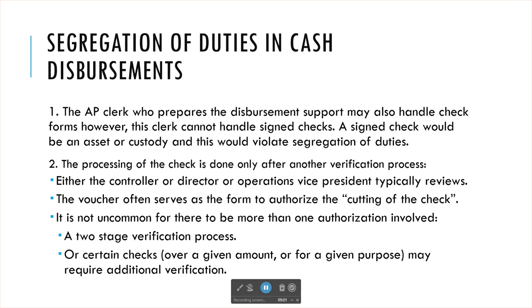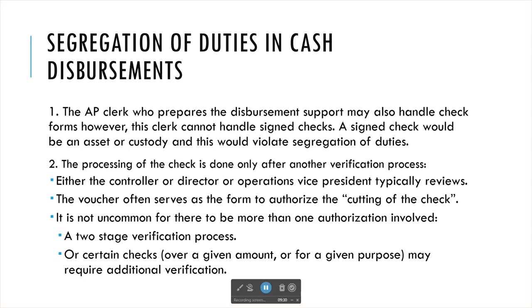The accounts payable clerk can handle the forms, but once the forms are signed, they actually become an asset. And if they are an asset, then the person who is involved in record keeping, which would be the AP clerk, cannot also have custody of the asset, because that's a violation of segregation of duties.